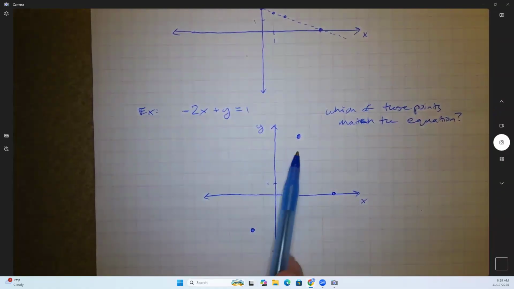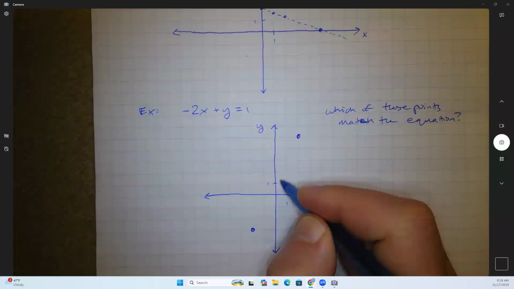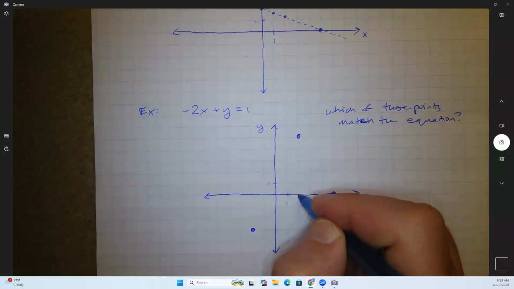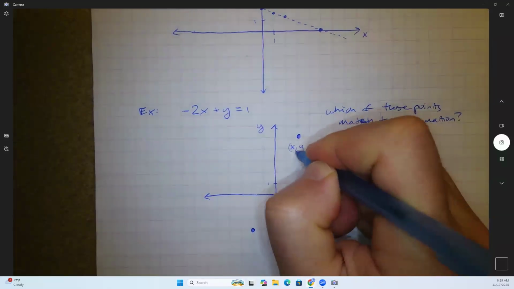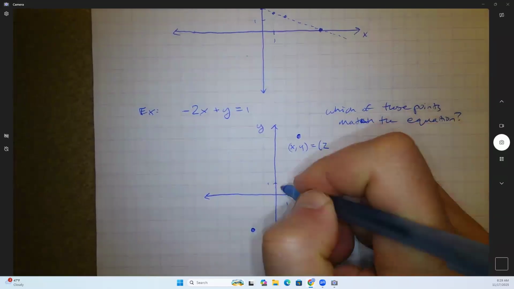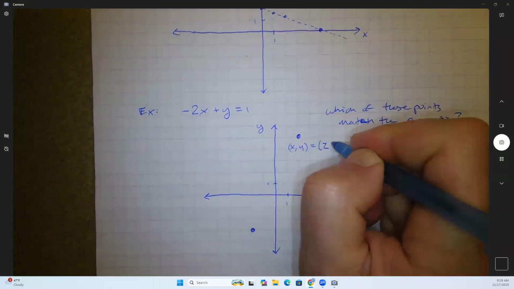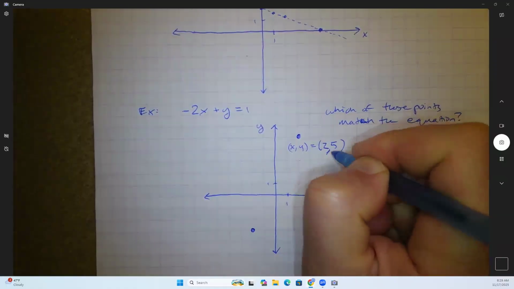So we can still do the same process, but now the first thing we should do is identify what the coordinate pairs are. So the first one up here, x is 2, and y is 1, 2, 3, 4, 5. So 2 comma 5.